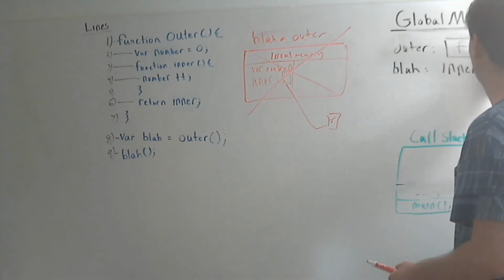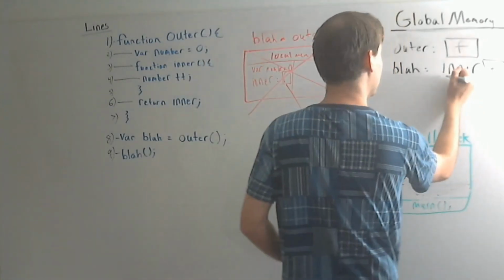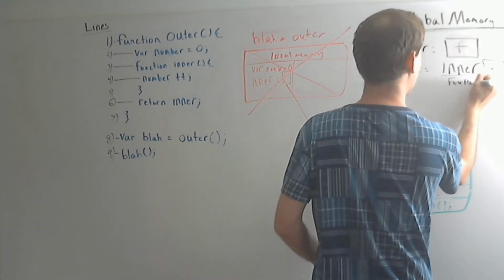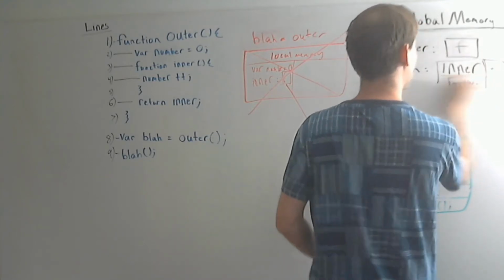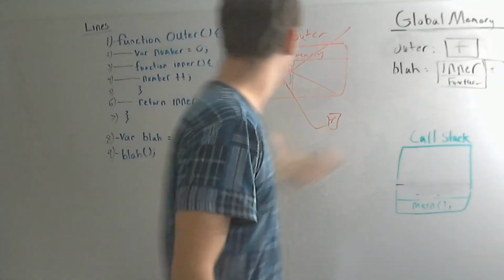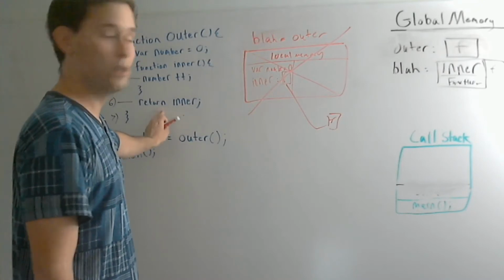That is a function. Hopefully you guys can see that. I'm going to put it right here. Inner. Here for you guys. So inner is equal to a function because we returned it right here, right? Or I'm sorry, inner is not equal.